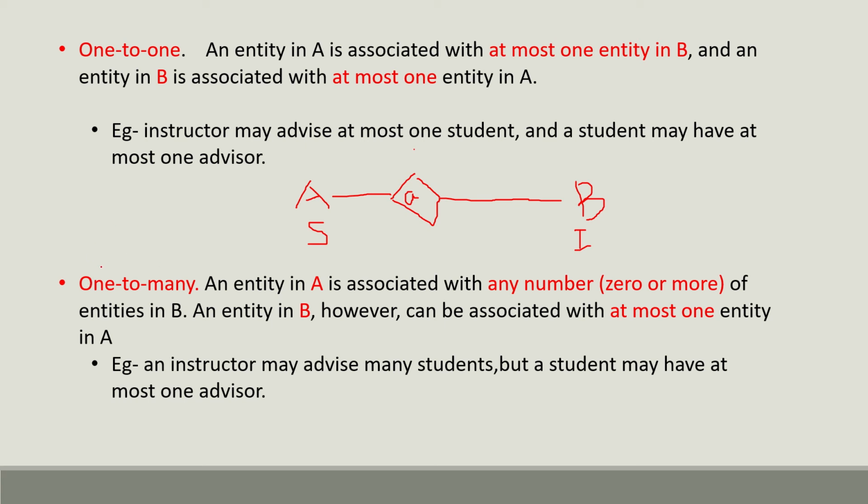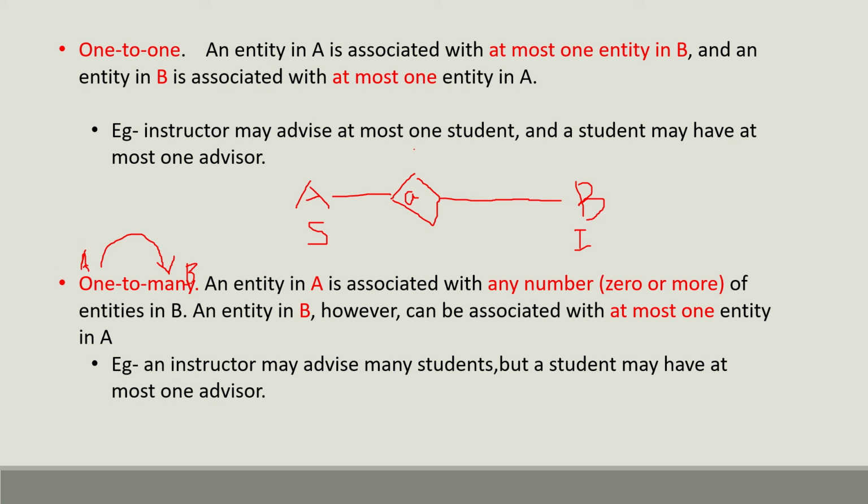So that is the meaning of a one-to-many relationship. Always you have to take this as the A part and this as the B part. One-to-many means if you take one entity in A, it is associated with many entities in B. But what about the reverse order?